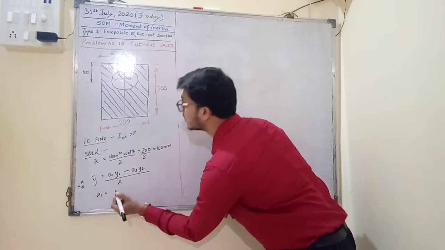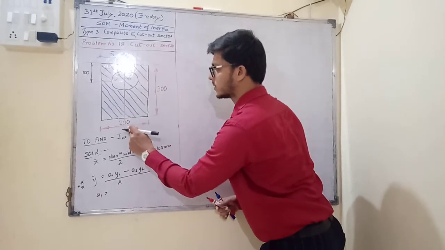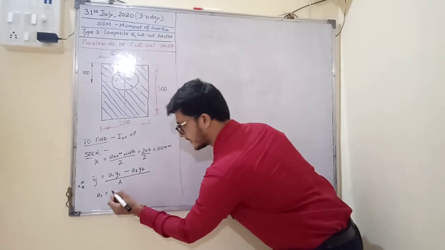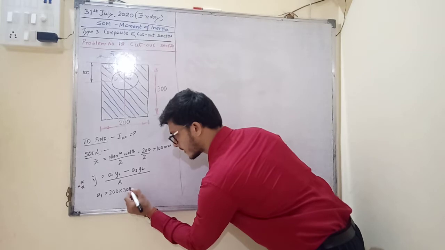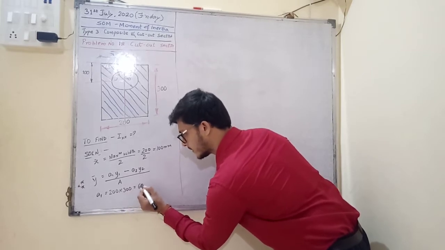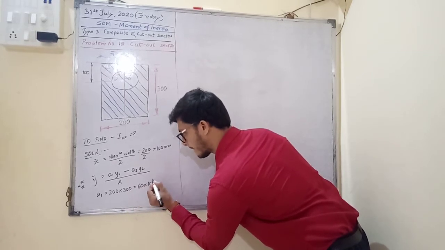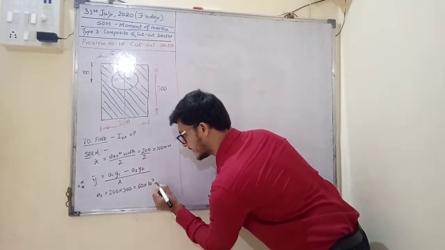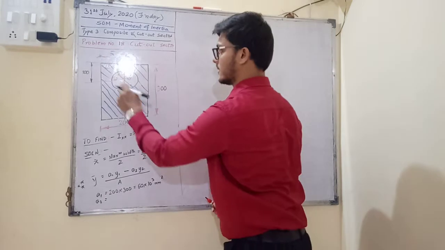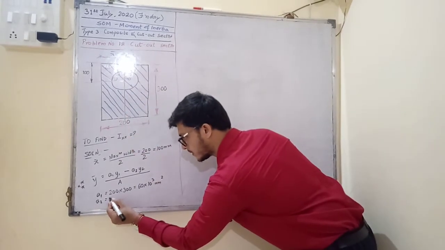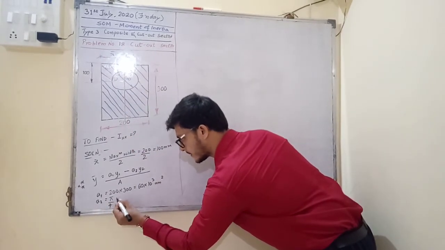A1 will be equal to the rectangle. So 200 into 300. This will be equal to 60 into 10 raised to 3 millimeter squared. A2 is the circle. Area of circle is pi by 4 d square.